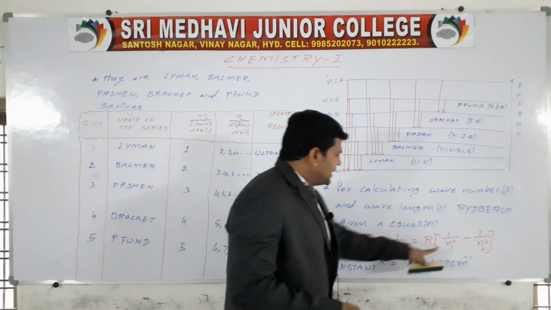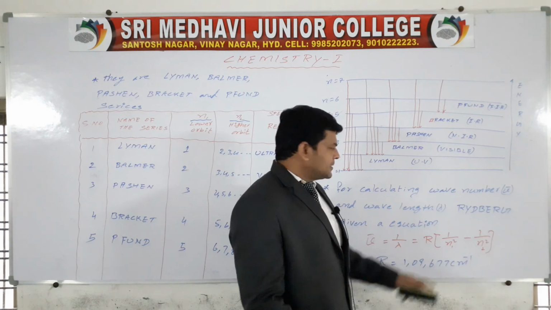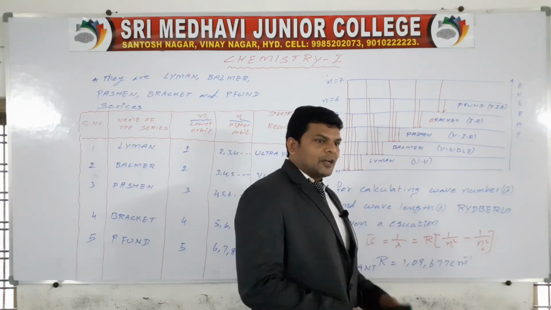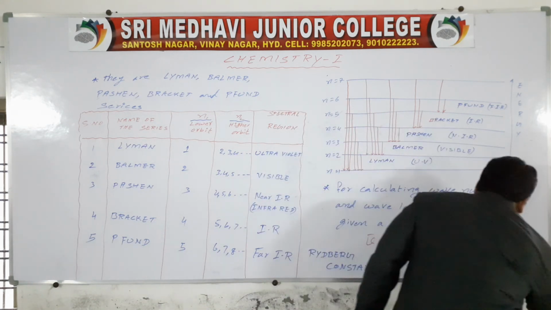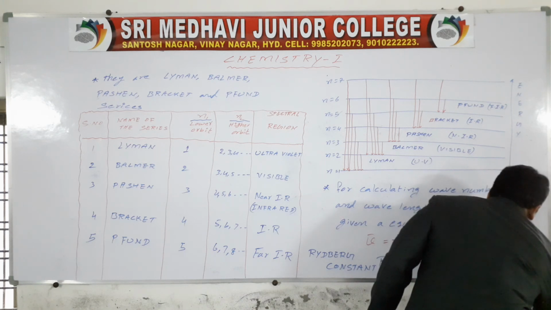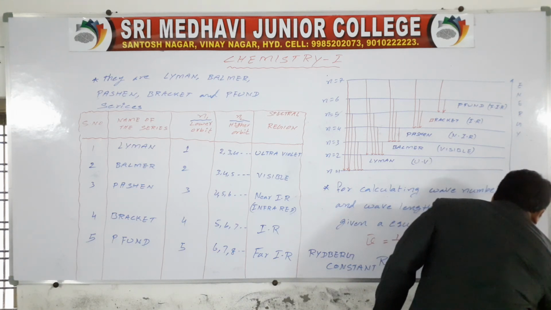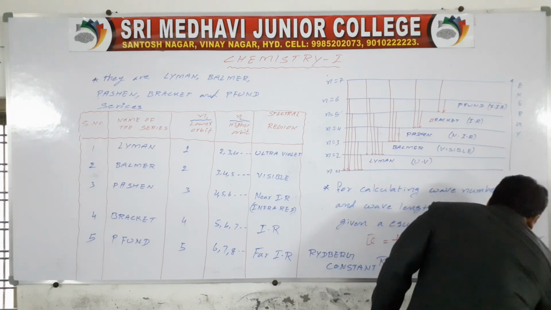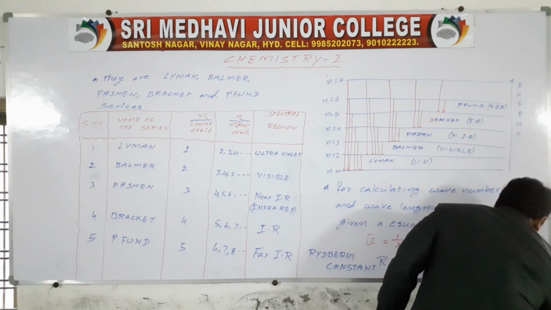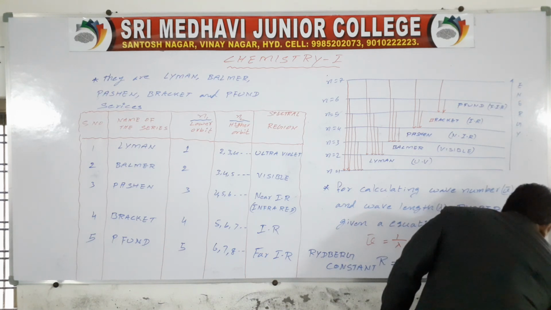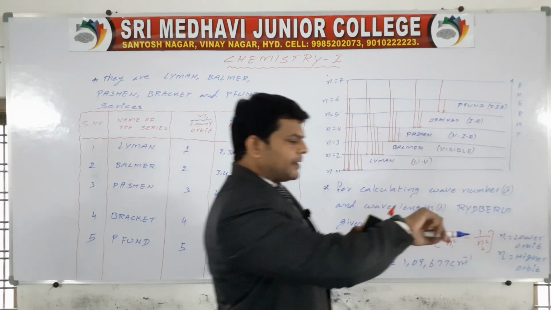Here n1 is the lower orbit, n2 is the higher orbit. Okay.